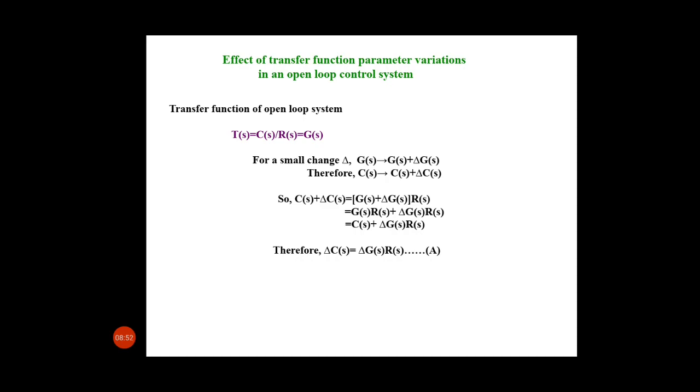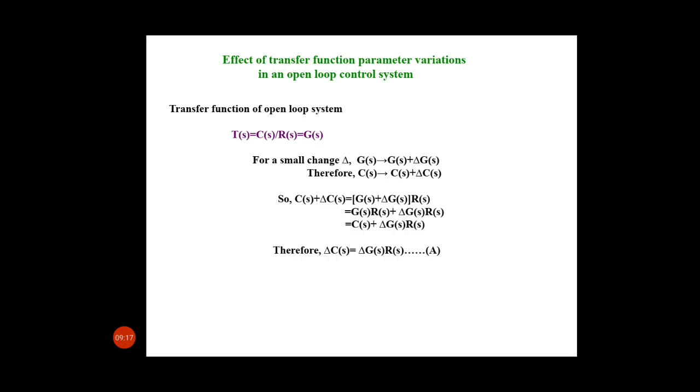This transfer function means the overall gain of the control system. So, if we consider an open loop system, then there is no feedback, only the gain block G(s), input R(s) and output C(s).